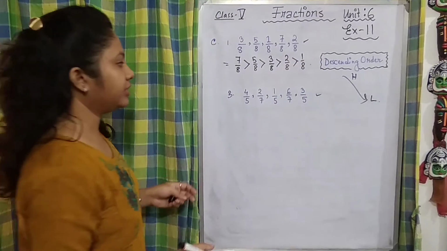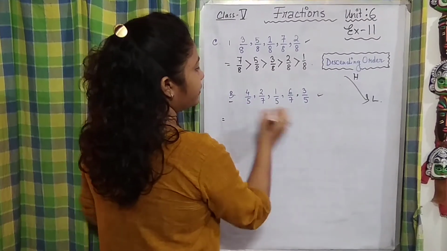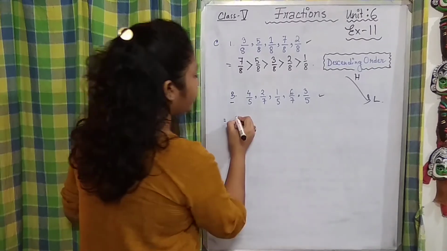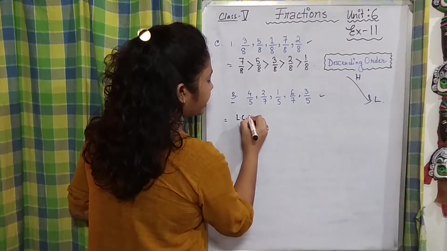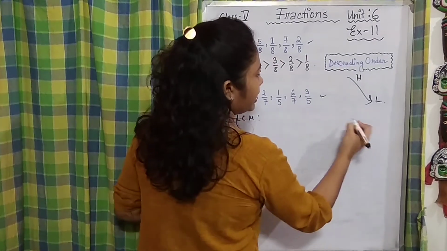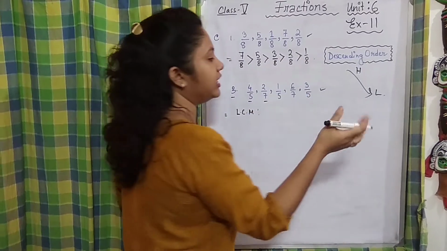Okay. After that, now coming to the number 3. When we have different types of denominators, we have to first find out the LCM. Now how to find out LCM? Here see, 5 and 7 are the only alternatives given.